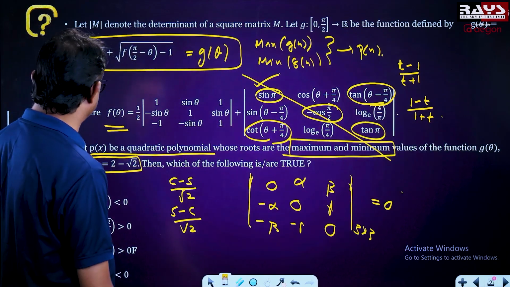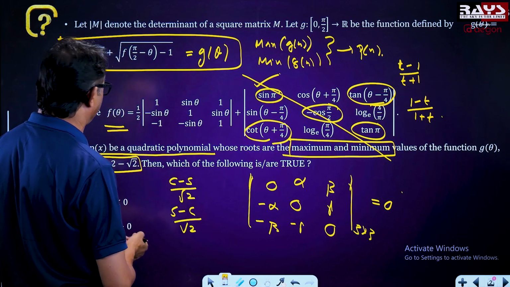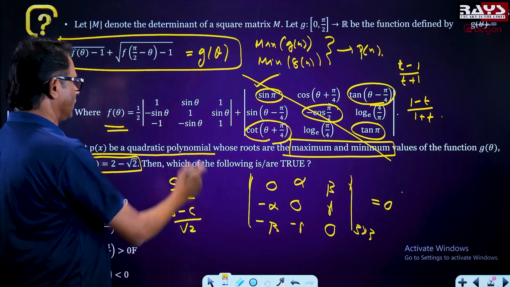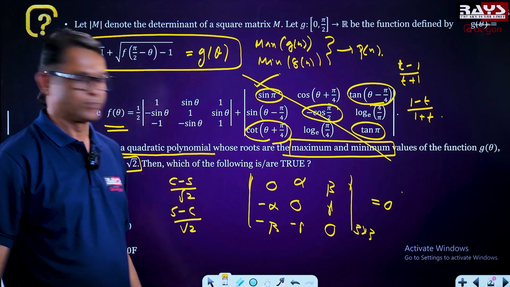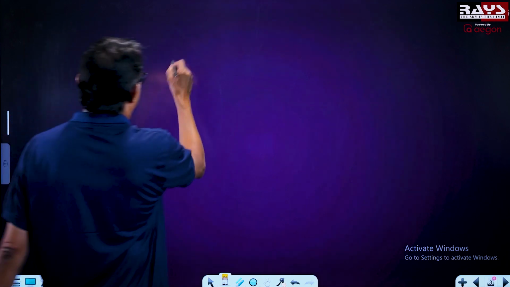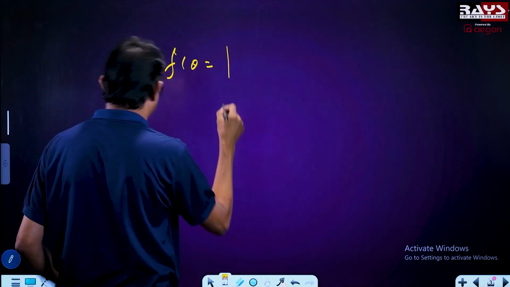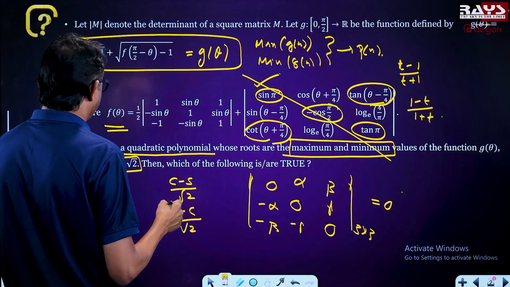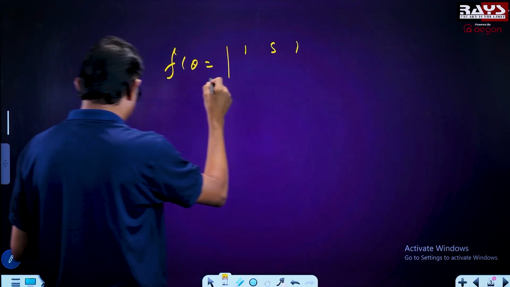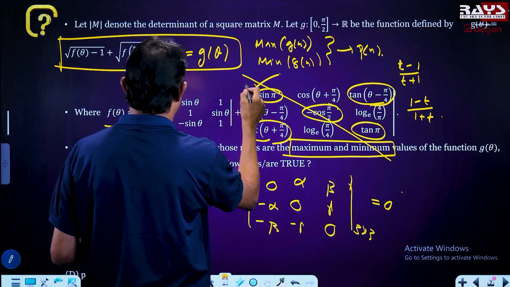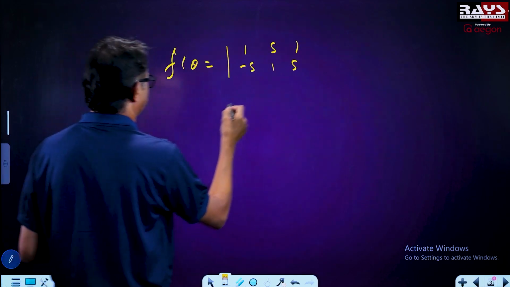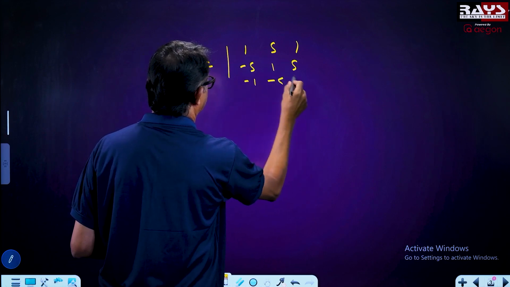And finally what you are getting is f of theta is equal to half of determinant 1 sin theta 1, minus sin theta 1 sin theta, minus 1 minus sin theta 1.